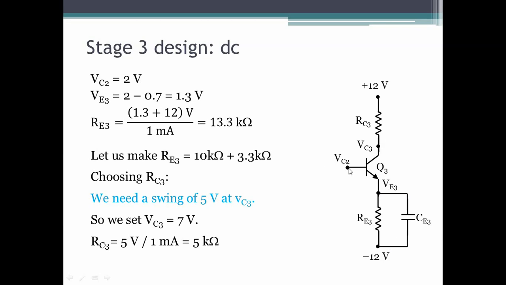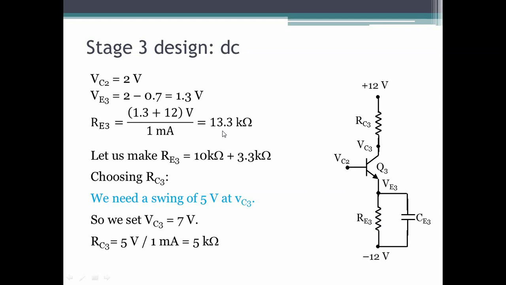In fact, we already decided that because we already decided that R pi 3 is 5 kilo ohms based on a 1 milliamp current here. So in order to get 1 milliamp to flow, we need an RE3 value of 1.3 plus 12 divided by 1 milliamp.